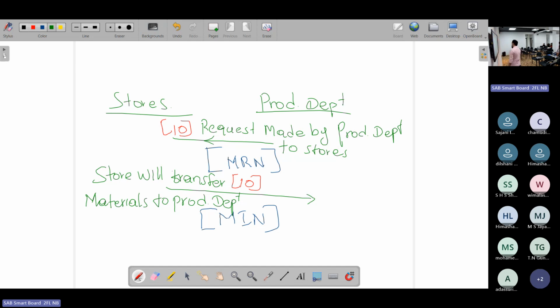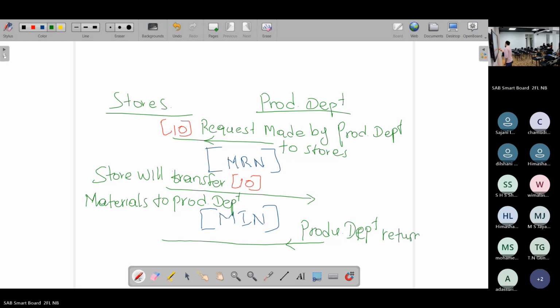So again, the production department returns materials to stores.